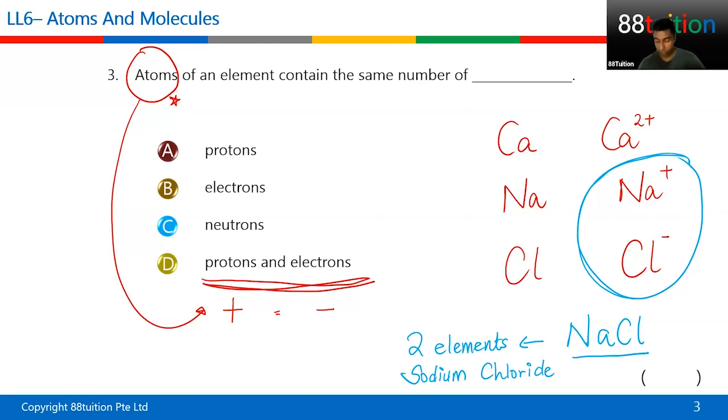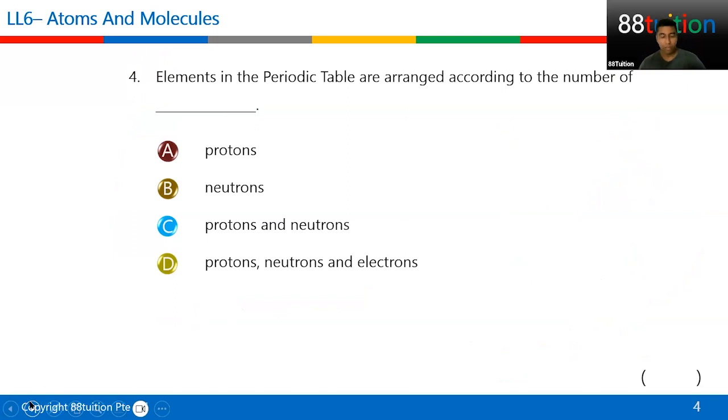Okay, sodium chloride, all right? Clear? Okay. Let's move on to the next question, next challenging question. All right. Elements. How are they arranged? Any idea? We have a periodic table, left to right, top to the bottom, but how are they arranged?